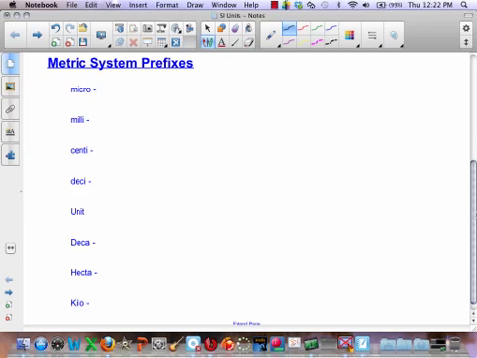So it makes it very simple, very easy. We're going to start off with our unit, and again, these are going to be prefixes. Our unit is 1.0, and that could be grams, meters, or liters. So 1 gram, 1 meter, 1 liter.